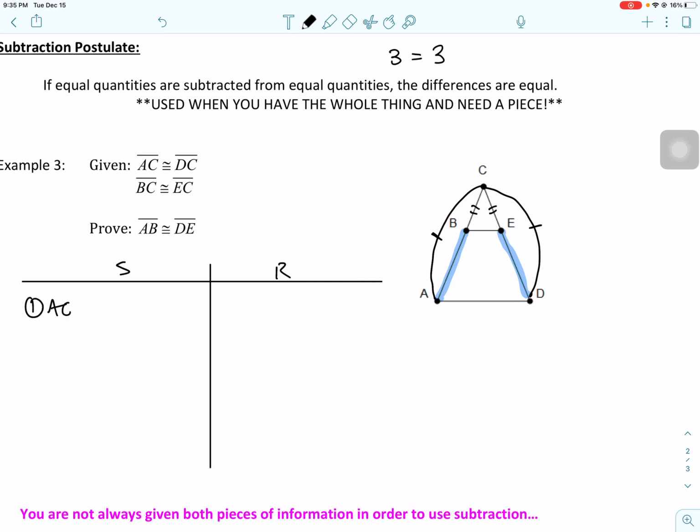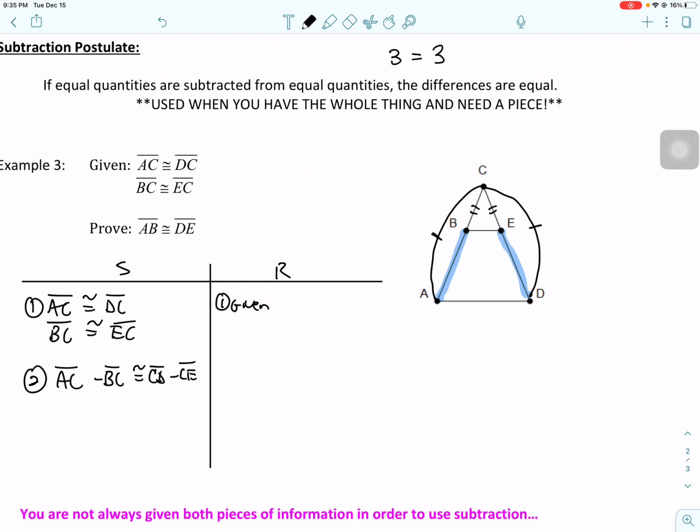Step 1, restate the given. And then step 2, if you take AC and you subtract BC, it will be congruent to if you take CD and you subtract CE.